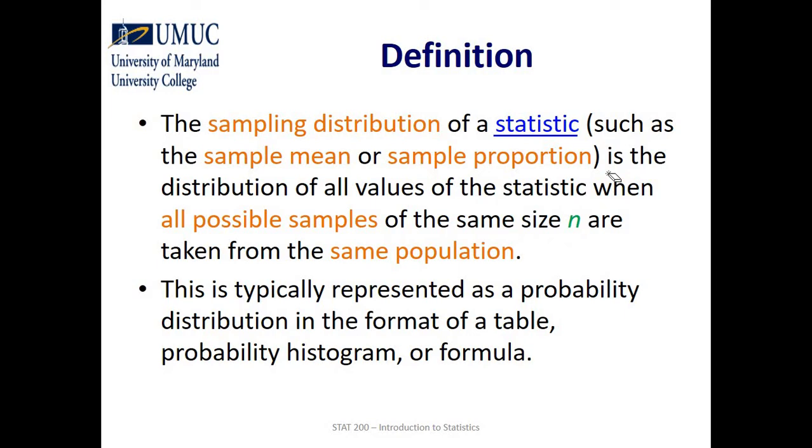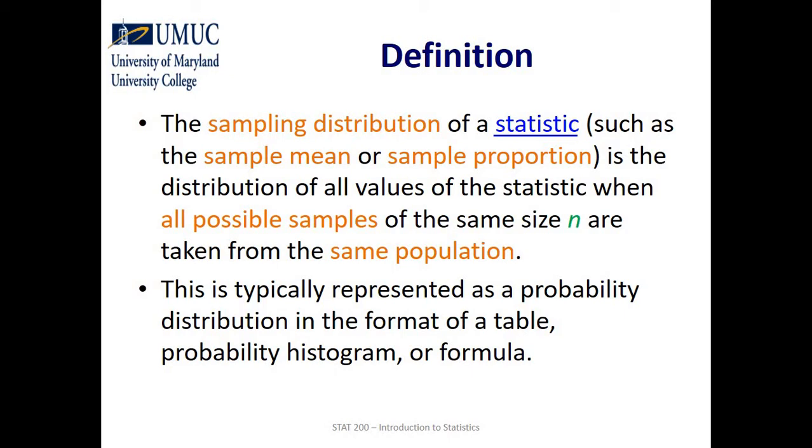That means that we are going to keep sampling from a distribution, but we're going to keep our samples the same size n, and then we're going to compute some statistic from that, say the sample mean, the sample proportion, or the sample variance. We're going to do this over and over and over again. And when we do, we're going to take the mean of that statistic that we just computed, and that should give us a very close estimate of the actual population parameter.